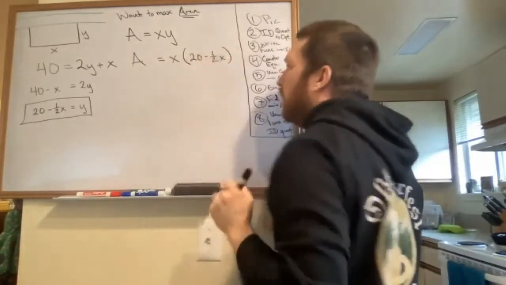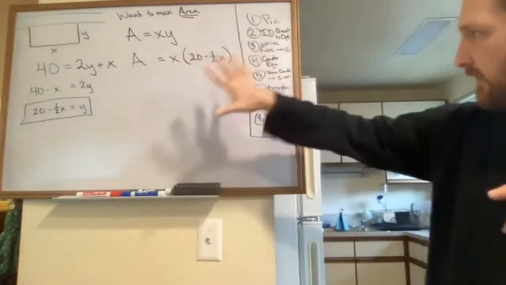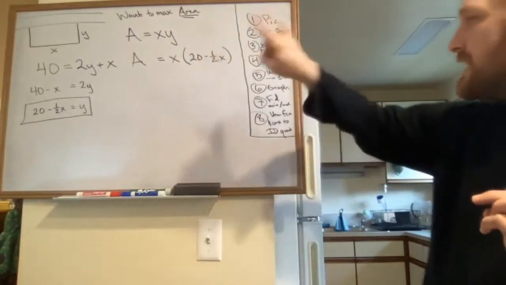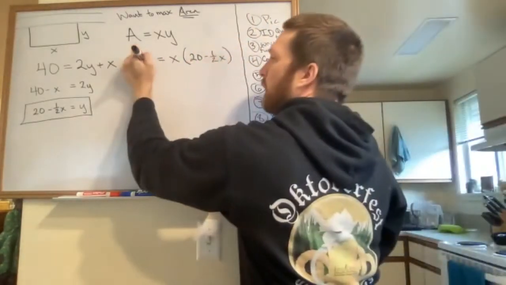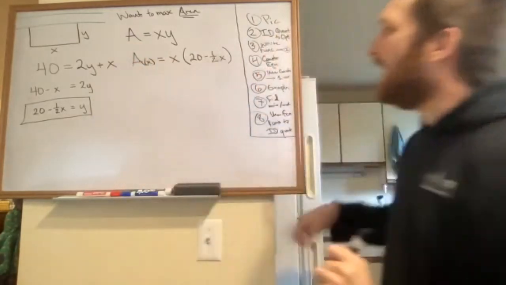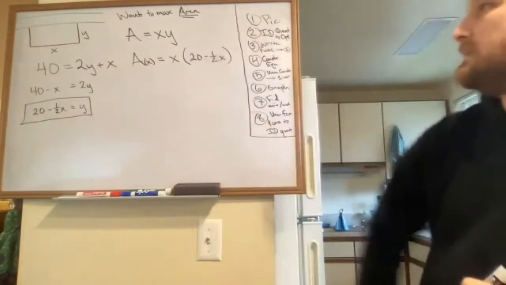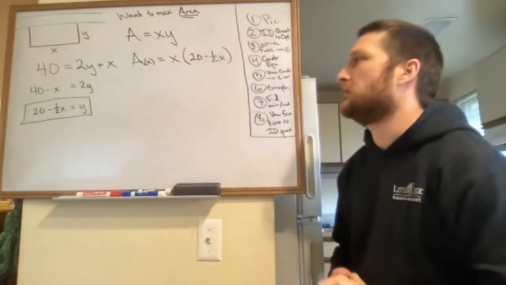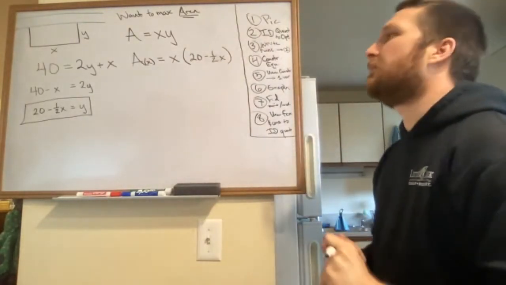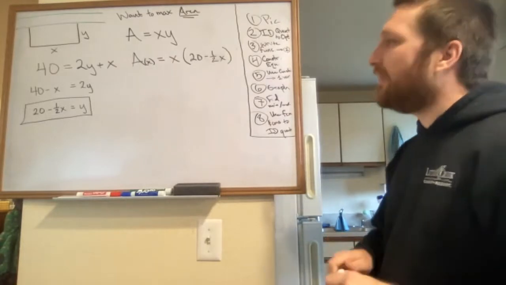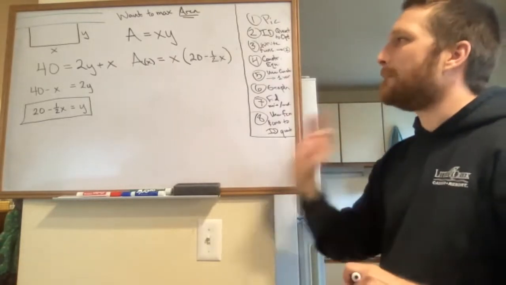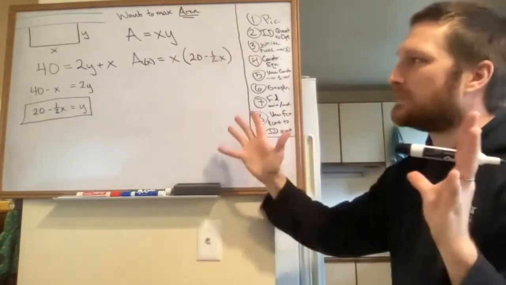And now we have a function where the input is one variable, x, and the output of that function is the quantity that we want to optimize. The output of that function is the area, and that's the thing that we're trying to find the maximum of. We're trying to find the biggest bang for our buck here.